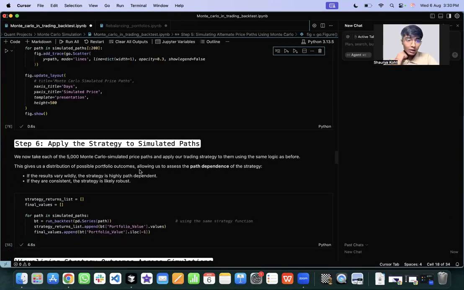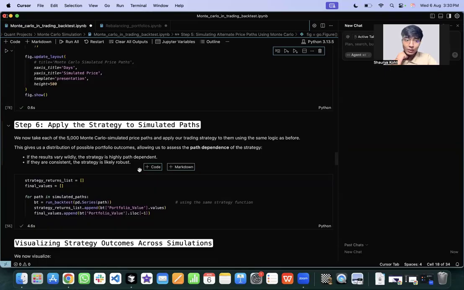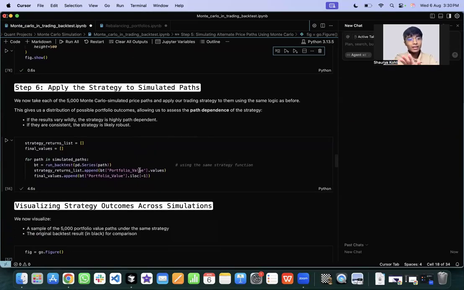And when we apply this strategy to a simulated path, we know that each of the 5,000 Monte Carlo simulated price paths can be applied to our trading strategy. For this you can use the same logic as before. So this gives us a distribution of possible portfolio outcomes, allowing us to assess the path dependency of the strategy.